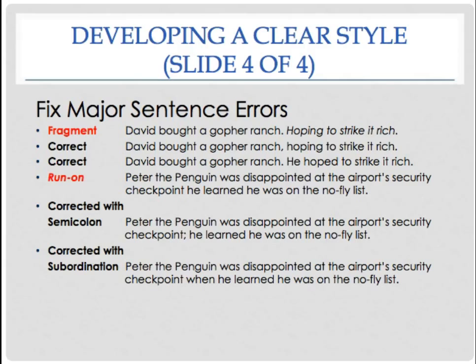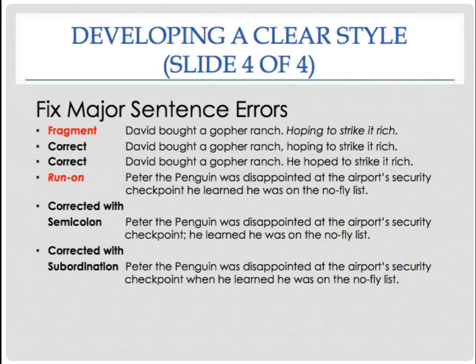Whereas hoping to strike it rich, if I take it out of that two-sentence combination, you don't necessarily know what hoping to strike it rich is. So you can say David bought a gopher ranch, comma, hoping to strike it rich, or David bought a gopher ranch. He hoped to strike it rich.